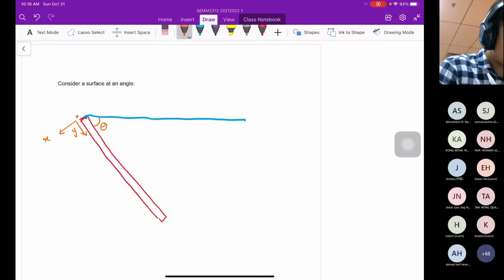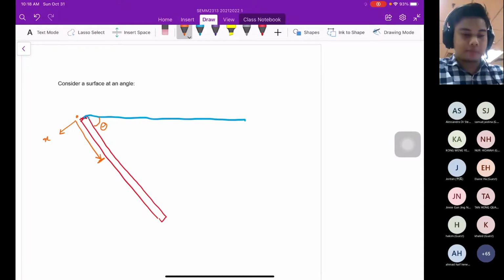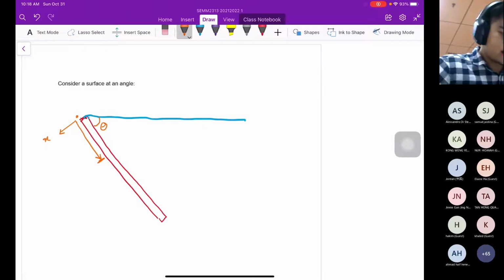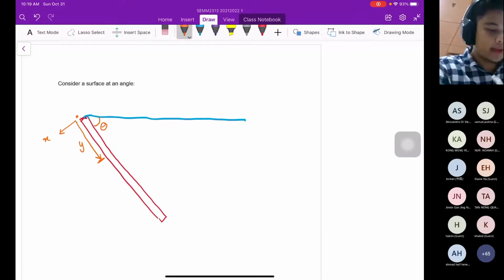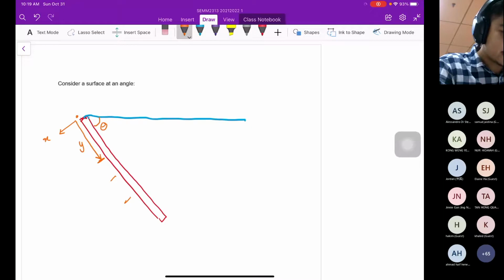From here, let's say it is y, the change of y. That means y can be in any point. Maybe it can be this point or this point.